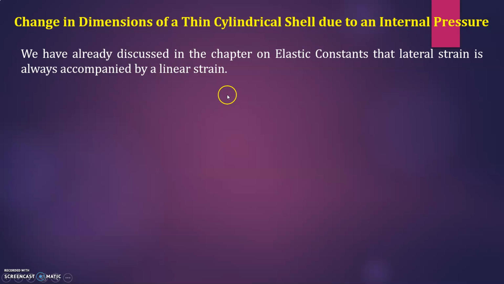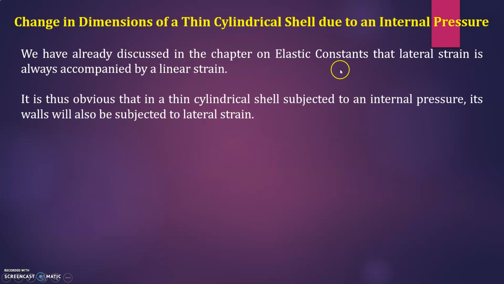What is lateral strain and what is linear strain? Linear strain is the strain developed along the length of the axis, where force is acting along the length of the axis. Lateral strain acts perpendicular to the force or line of the axis. I already taught this in unit 1. Lateral strain divided by linear strain is nothing but Poisson's ratio.